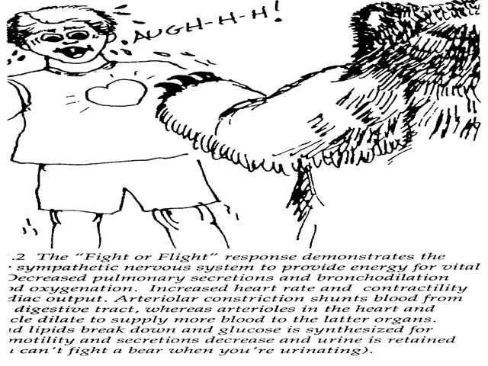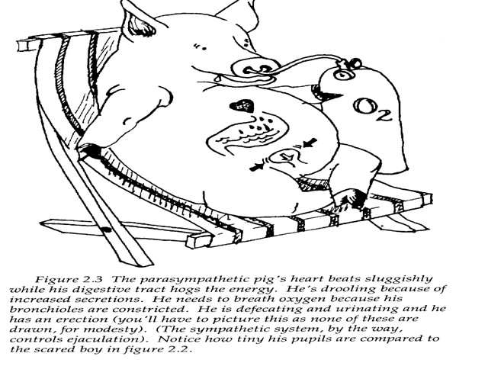Lipids breaking down, we get glucose. All of those basically help you to prepare for this stress reaction. What we find is gut motility and secretions decrease. Urine becomes retained, and you can't fight a bear when you're urinating. That's their little joke.